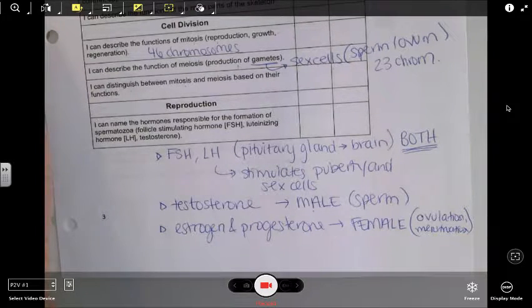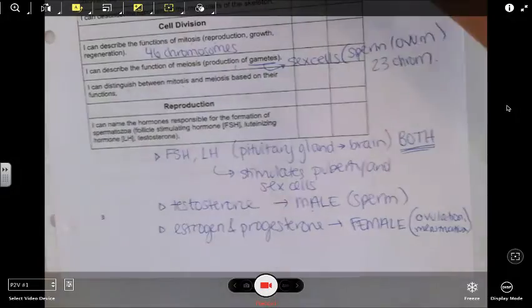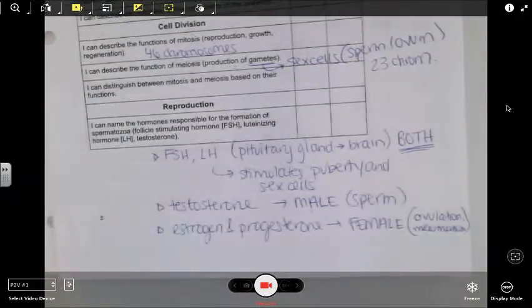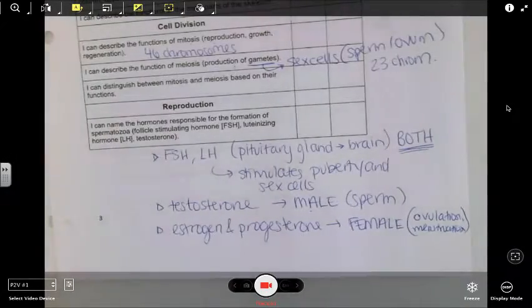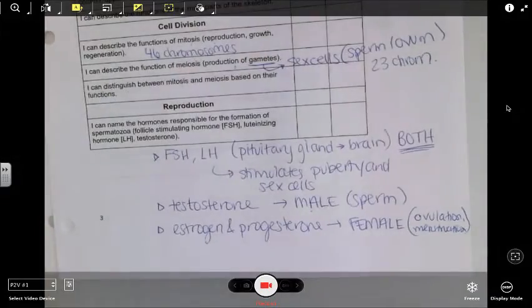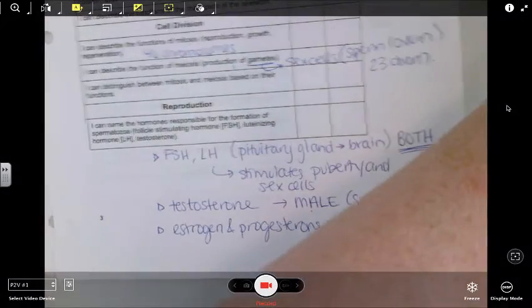Gabby's asking, what is the difference between pulmonary and systemic circulation? All right, so let me just see in one of these practice exams if I have a picture for you. So pulmonary circulation, pulmonary is always talking about your lungs.